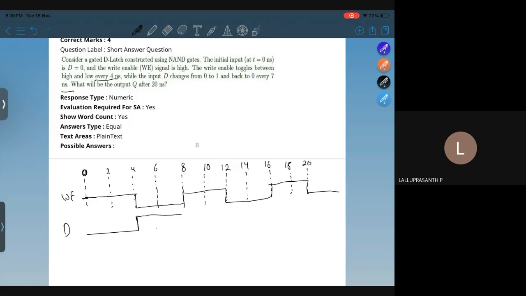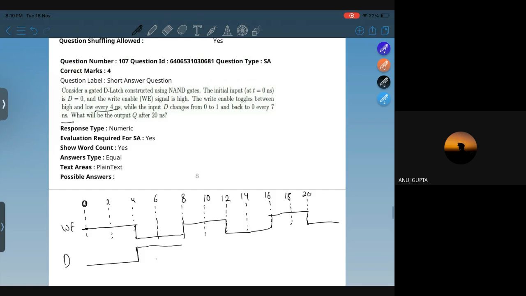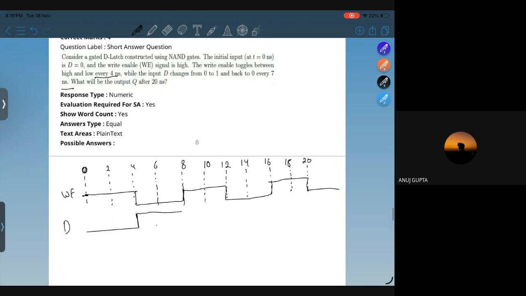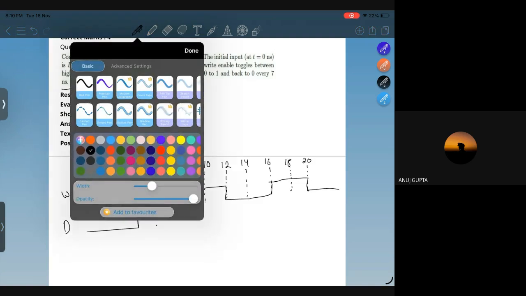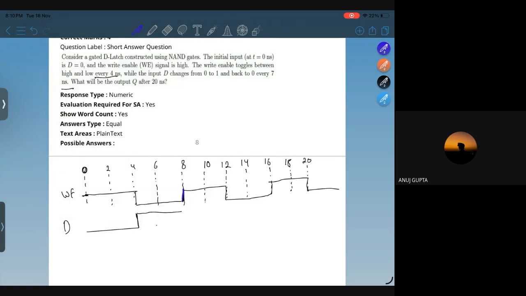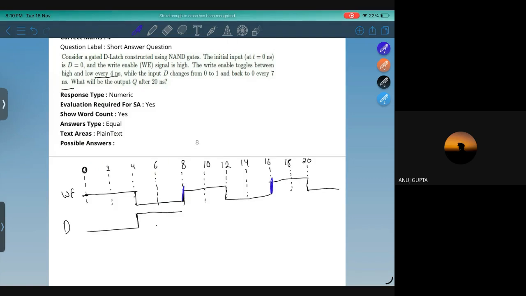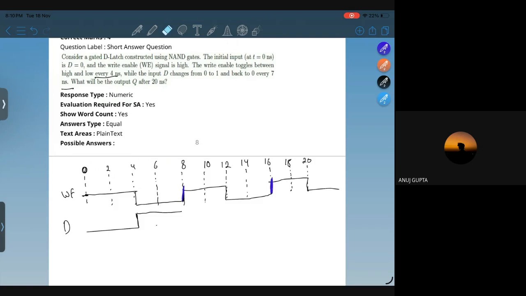You know that, right? Okay, so at this time, let me use a different color. At this time, it will trigger. At this time, it will trigger it to change. And I think this is it. So initially it was high. I think it will toggle at the start itself. Here D is 0.